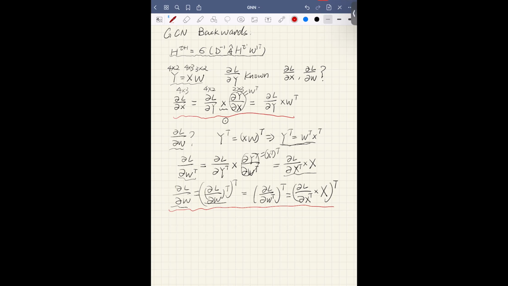First, before we move on, let's check the shapes to make sure that we're not making any errors.